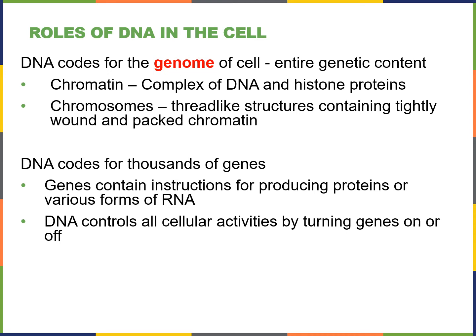One complete set, chromosomes 1 through 23, from mommy. The other set, chromosomes 1 through 23, you got from daddy. Now, when it comes to your DNA, your double helix, there's going to be thousands of genes, 10,000 genes there. Each gene is a different set of instructions on when and how to make a protein, a polypeptide.